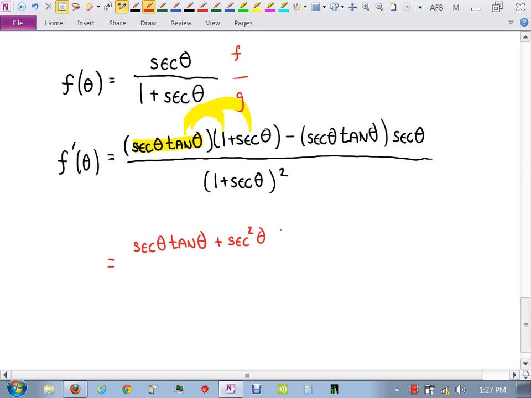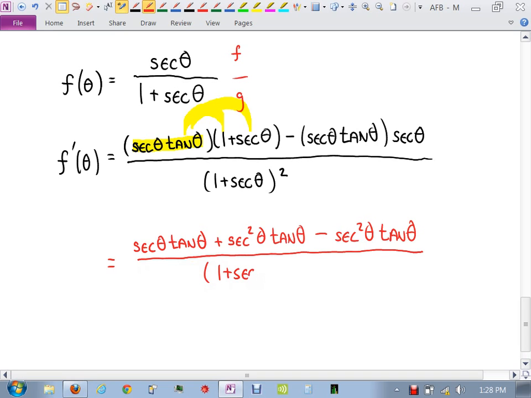Secant squared theta tangent theta. And then on the other one, I have secant theta tangent theta times secant theta, but I'm subtracting it, so minus secant squared theta tangent theta. I like that. All over 1 plus secant theta squared. And I get some good cancellation there, don't I?